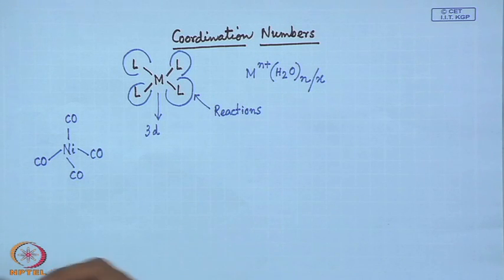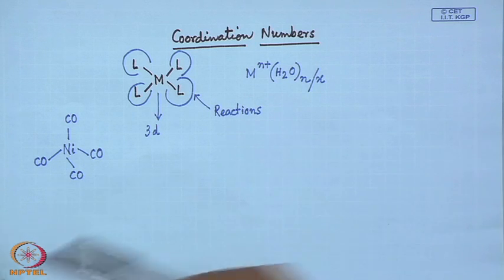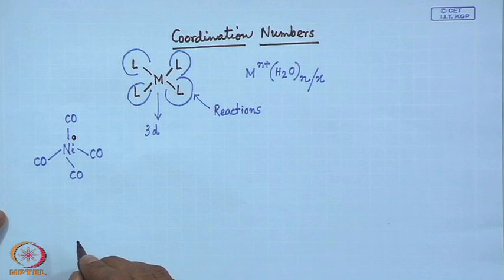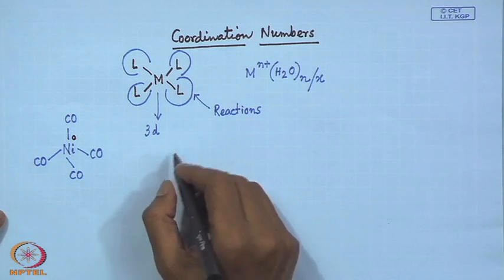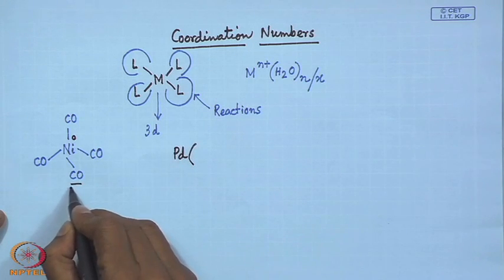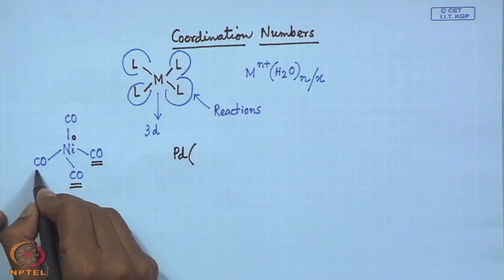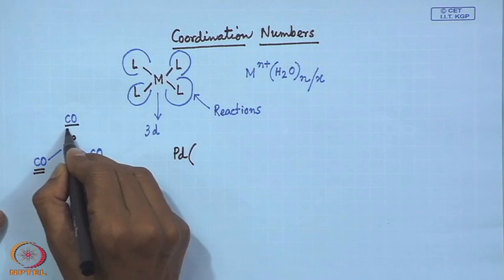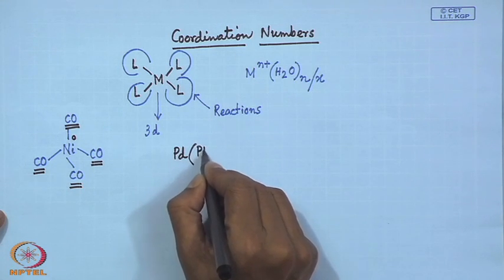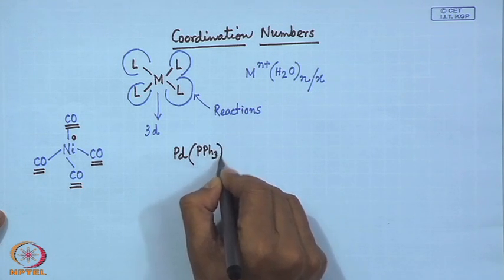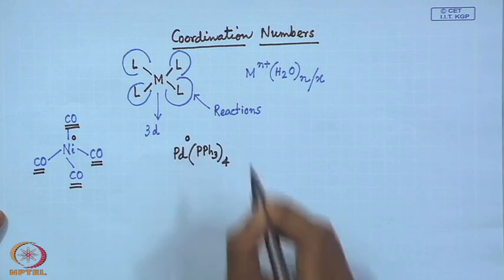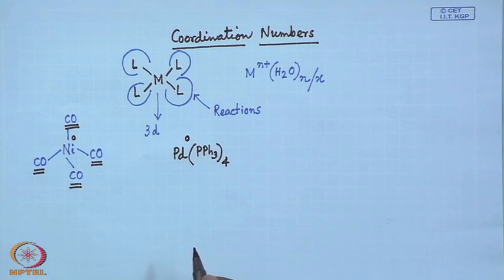So, we get some properties related to this center, and interestingly this one is a nickel 0 system. Similarly, in the case of this palladium system, in place of these small molecules, carbon monoxide being comparatively small compared to triphenylphosphine, they are again 4 in number and palladium is in the 0 oxidation state.